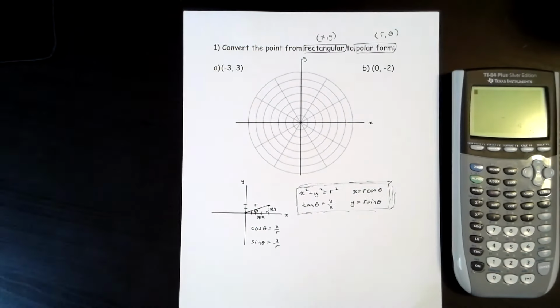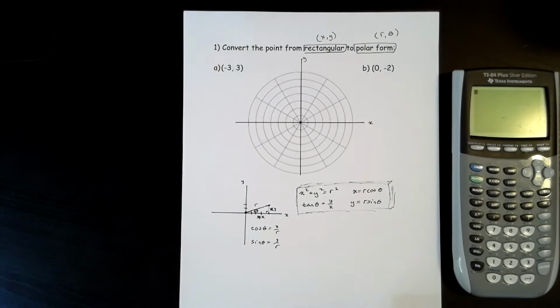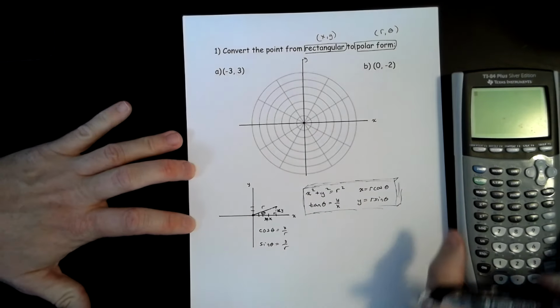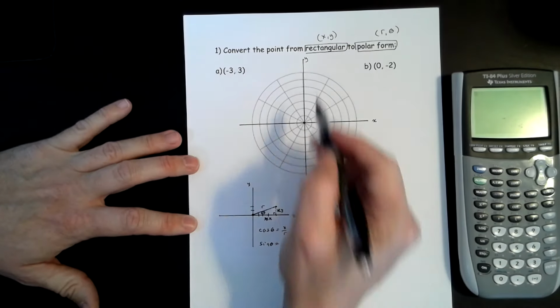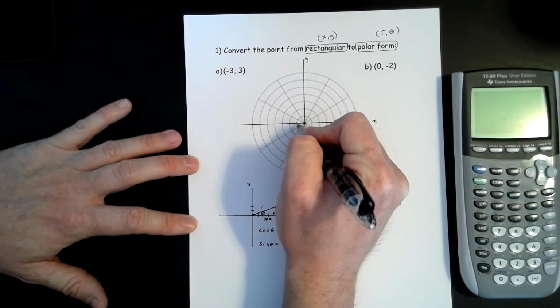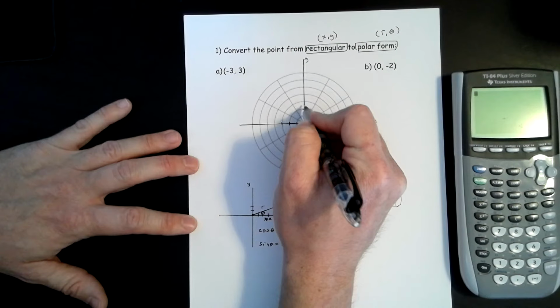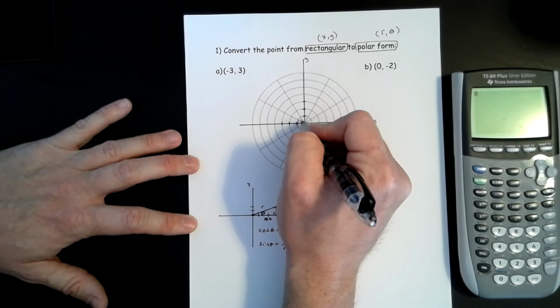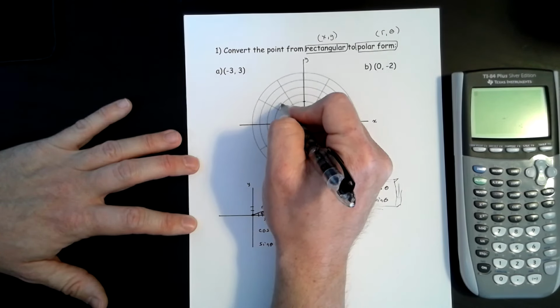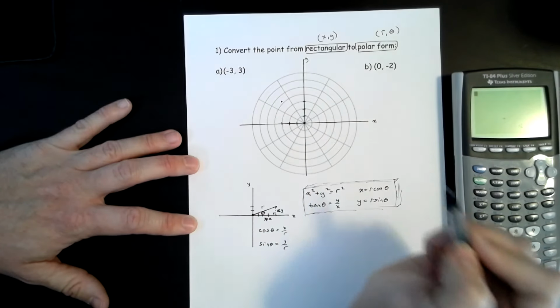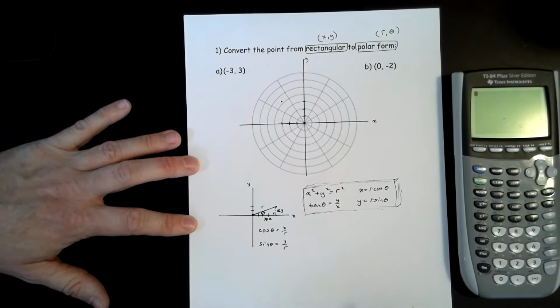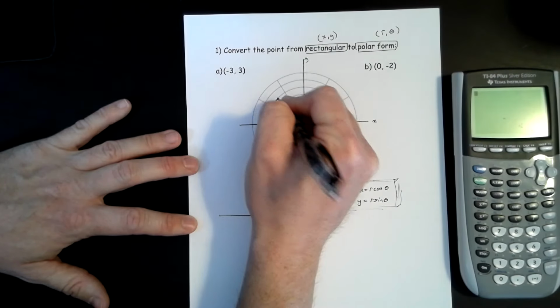The positive x-axis is actually called the polar axis. So the point (-3, 3) went left 1, 2, 3, went up 1, 2, 3, and it's probably going to land right about there. That's the point A.